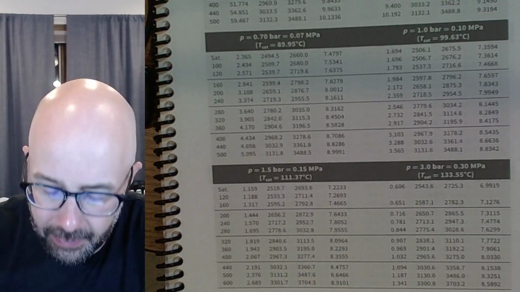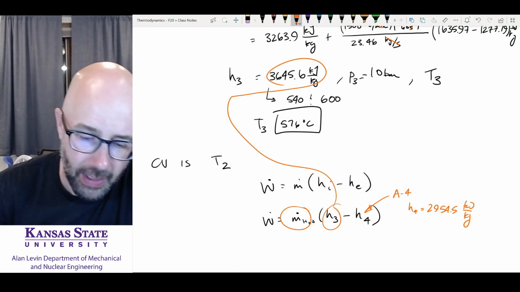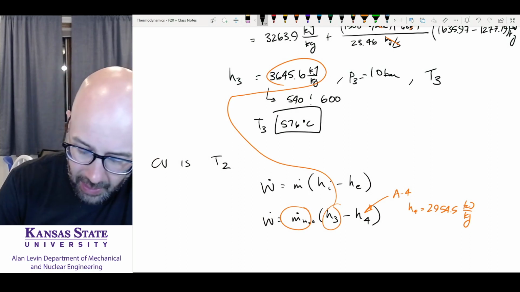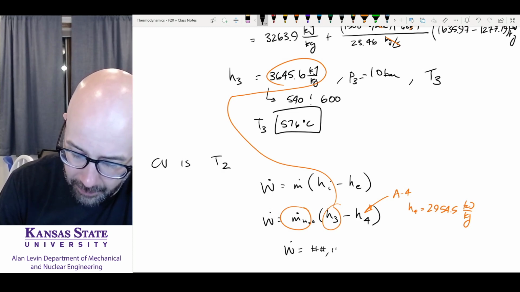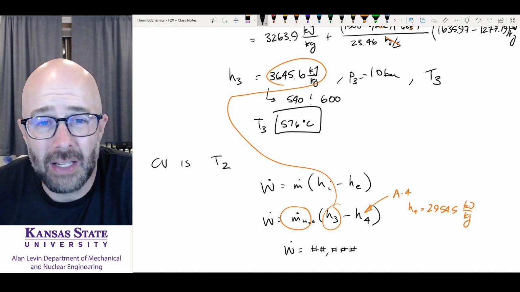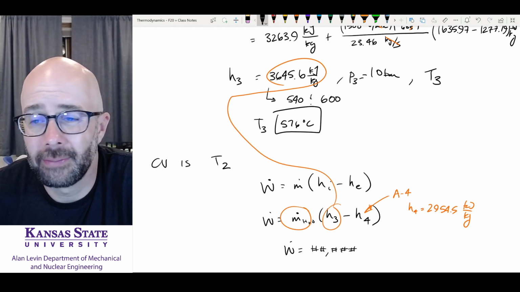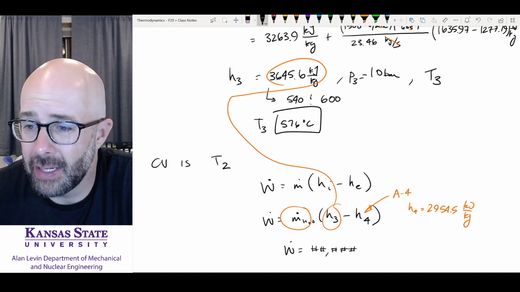And we just found m dot in the earlier part of our problem. So now we can solve for our power, which is going to be something in the megawatts actually, but we're going to put in kilowatts. I'm going to give you a 5-digit answer, and that will get you out of today.